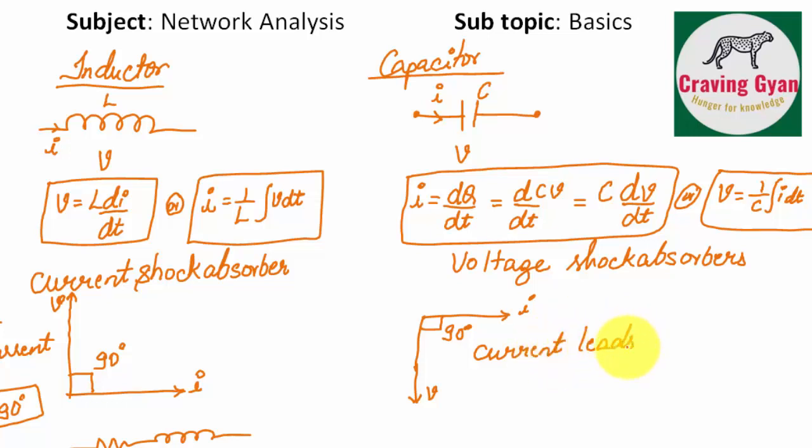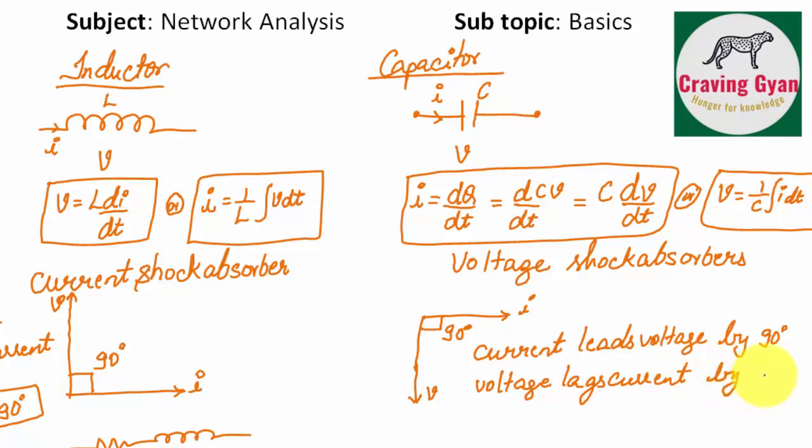Current leads voltage by 90 degrees. Or you can say voltage lags current by 90 degrees.